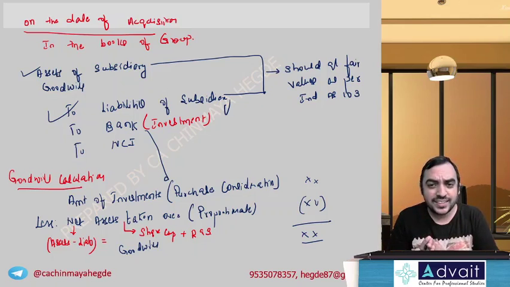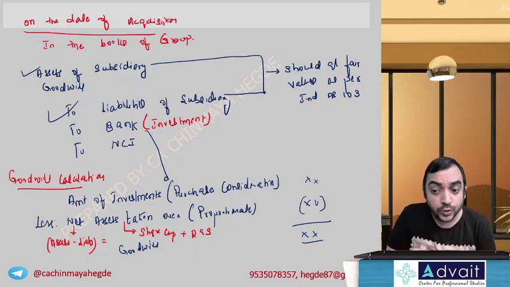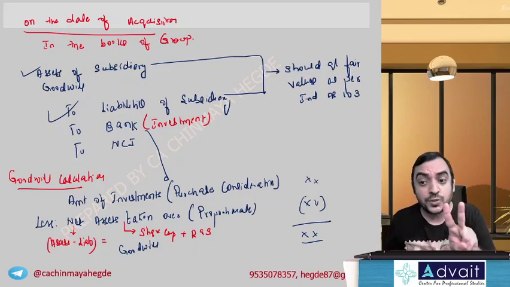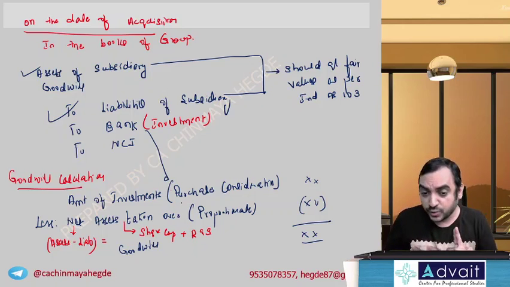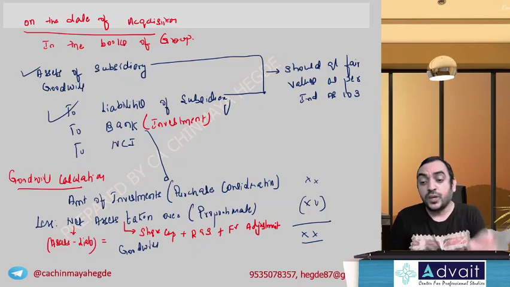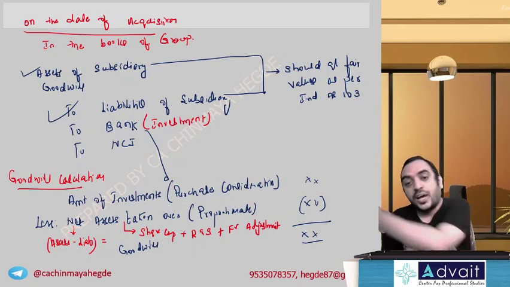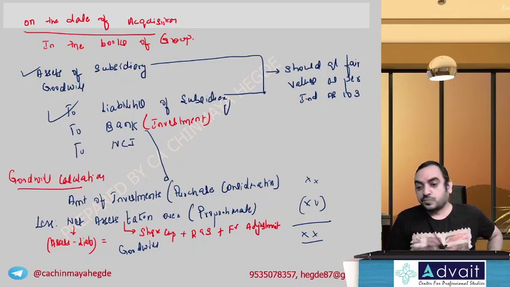The impact of fair value is not considered, so here we add the fair value adjustment, the difference between the book value and the fair value taken over.